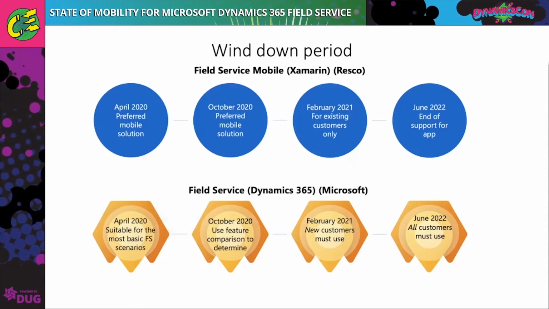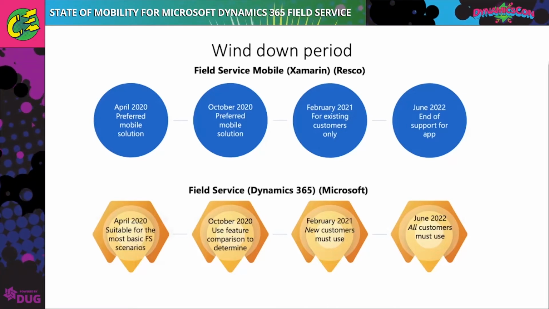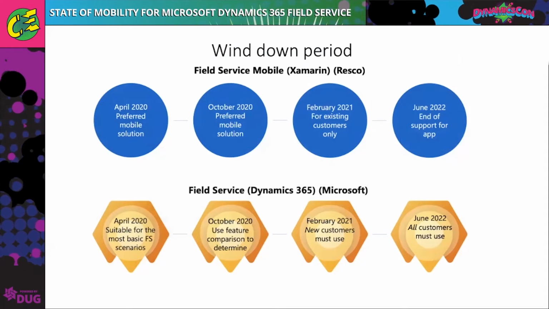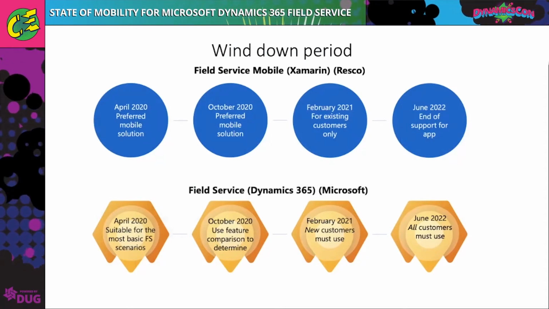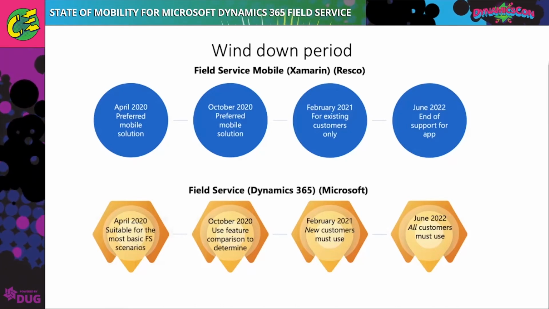So the first major change came earlier this year in February 2021, when the Xamarin application became available for existing customers only. And the projected end of support for the Xamarin application has been announced officially to be June 2022. So if you're on the Xamarin application, you have just about 10 months to prepare yourself and make some changes.